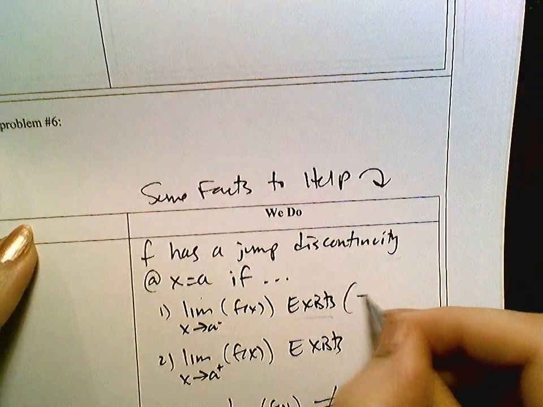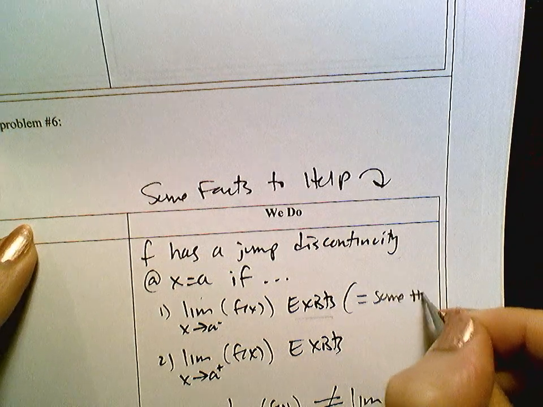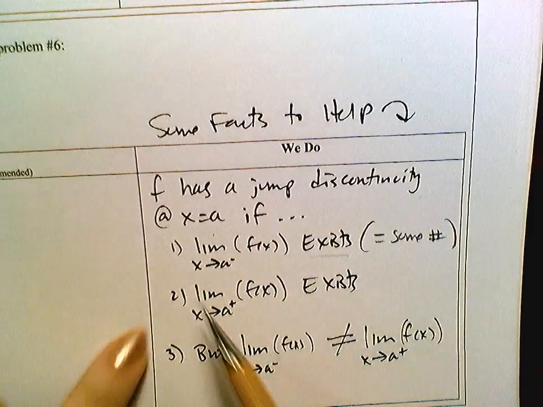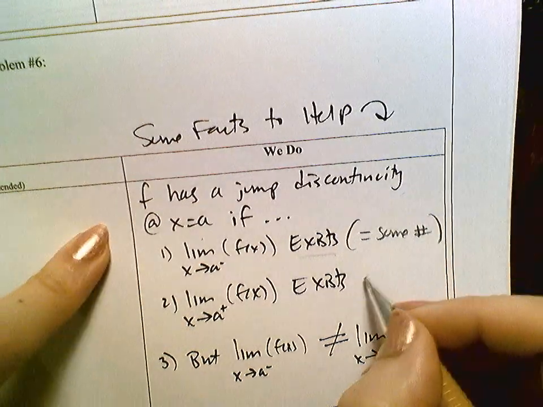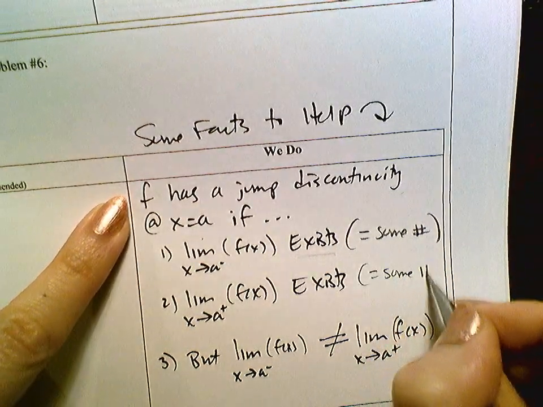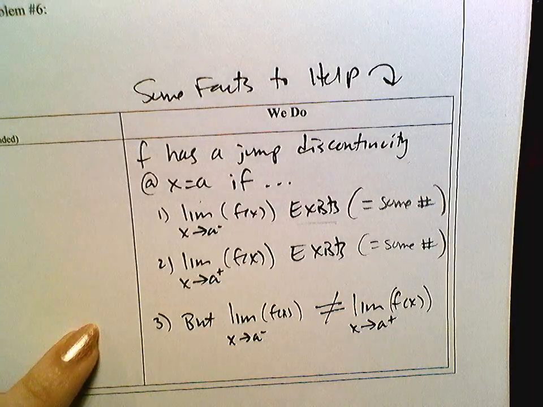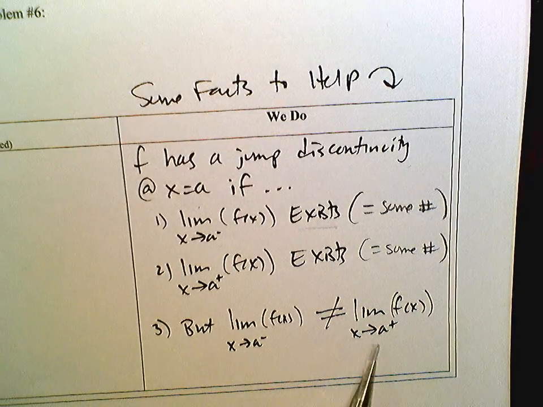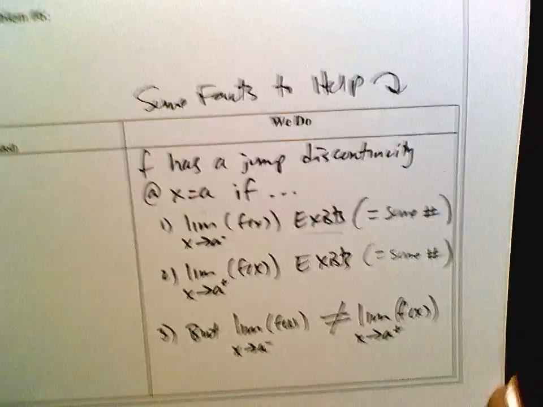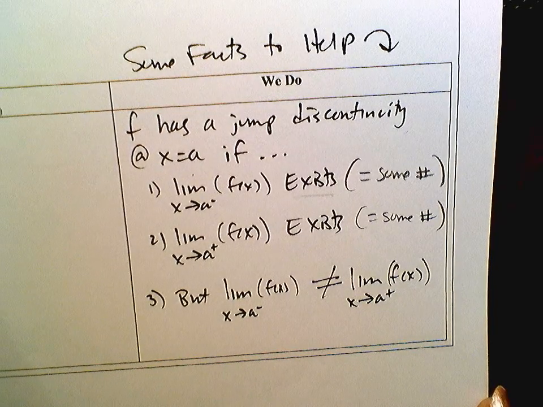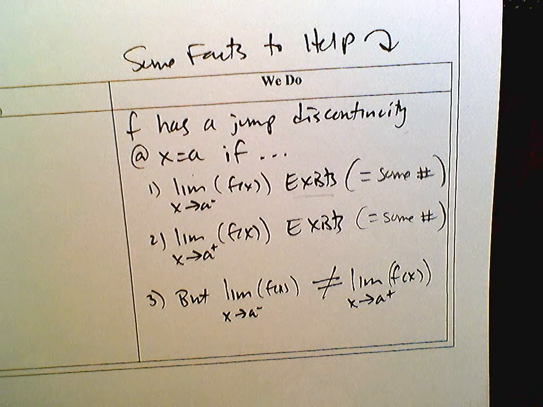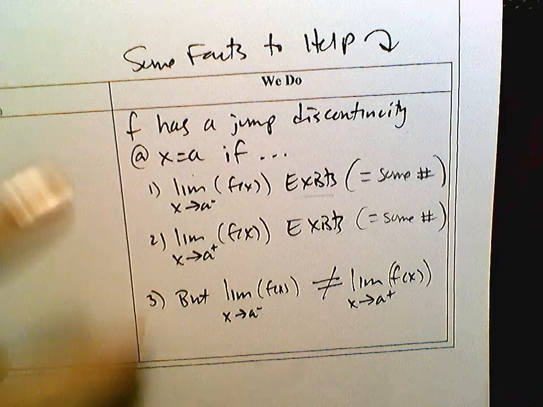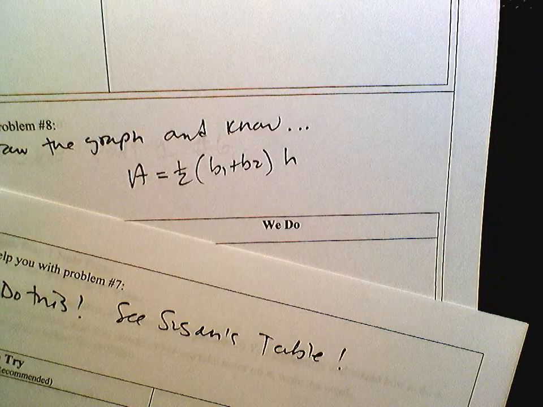And the limit as x approaches a from the right exists, so same, equals some number, so not infinity. However, the limit as x approaches a from the left is not equal to the limit as x approaches a from the right. Okay, so there is the definition, and I'm going to let you think it through from there. So this is what you're looking for when you're trying to figure out where the jump discontinuity is.